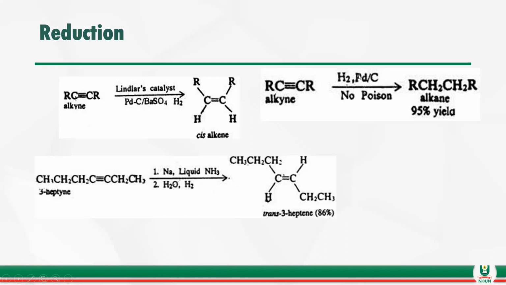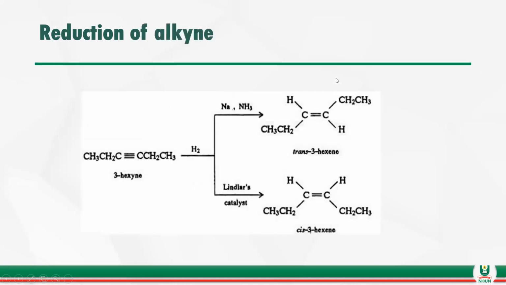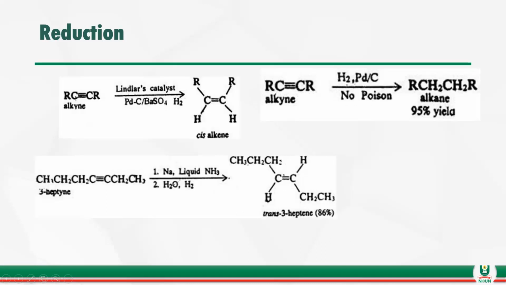Otherwise, the presence of this catalyst can make the reaction give you an alkane. However, if you use sodium in liquid ammonia, you end up with a trans alkene. There is no way you are going to obtain an alkane with this reagent. But with this reagent, you can get an alkane.